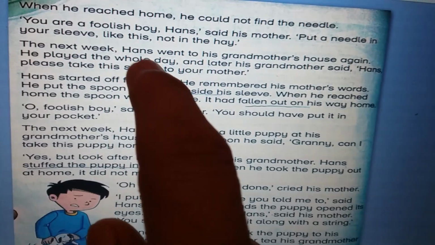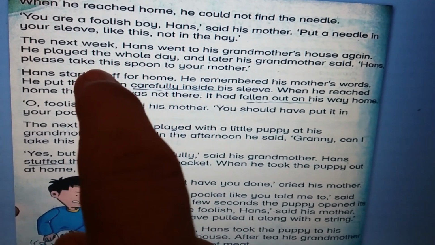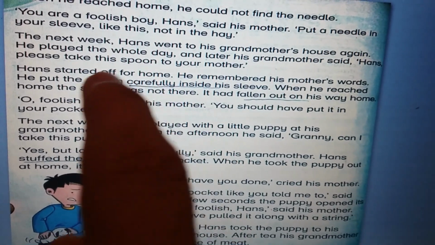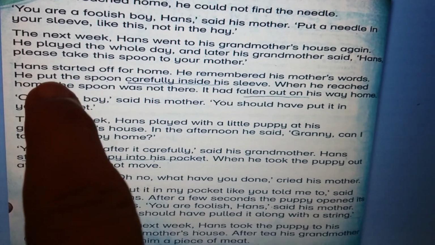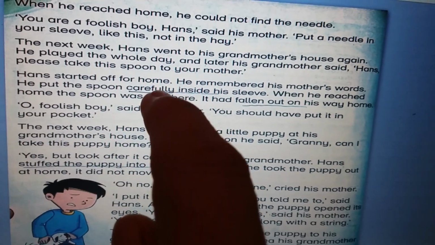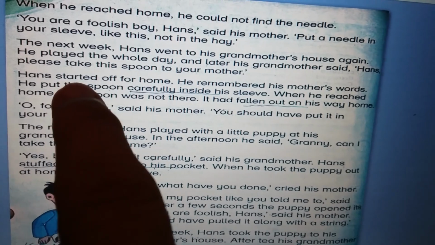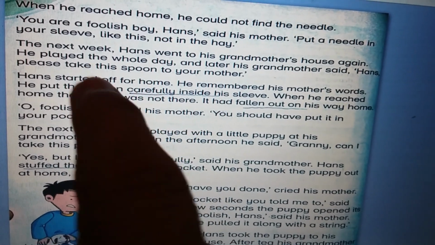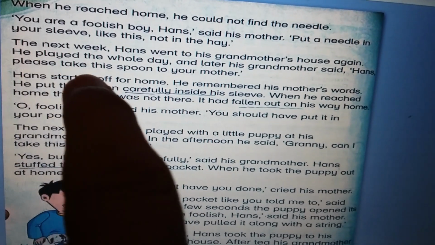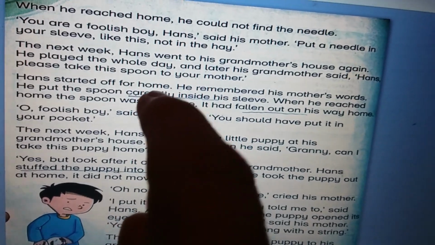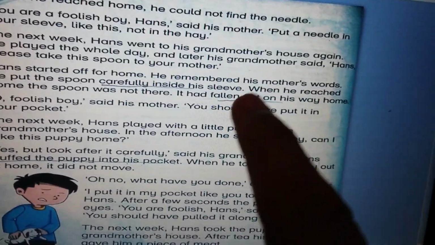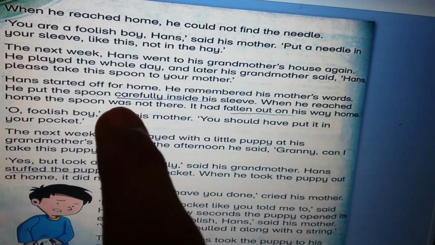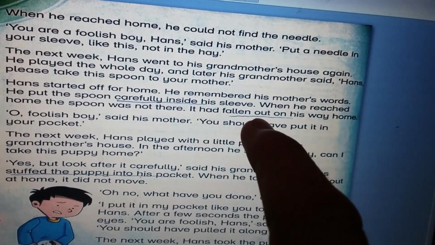The next week his grandmother gave him a spoon. Hans started off for home, going away from his grandmother's home to his home. He remembered his mother's words. He put the spoon carefully inside the sleeve.